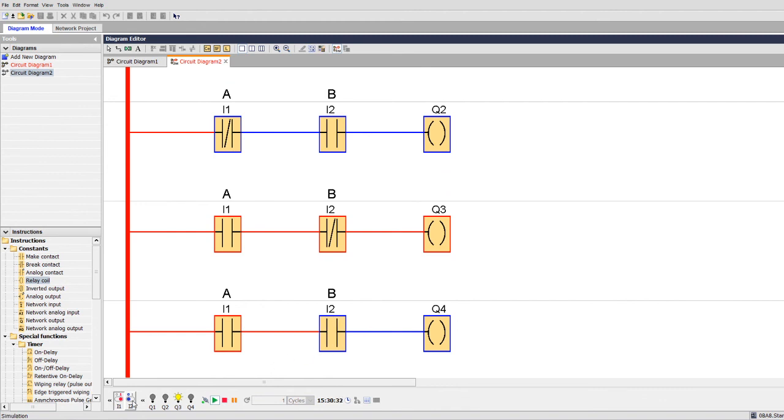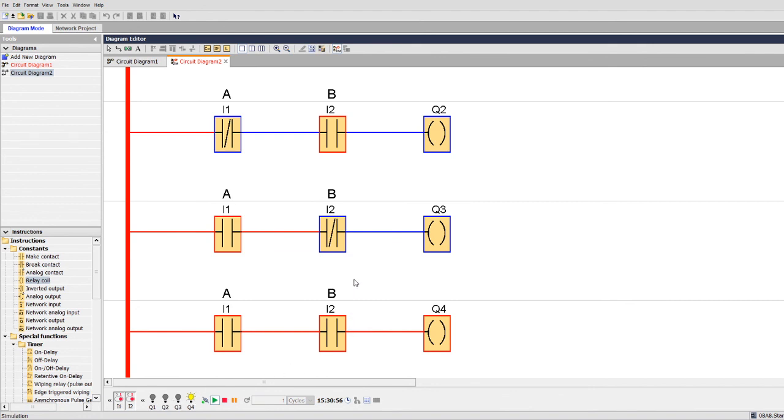That means we are not operating the B input or the I2 input, so there is no power to this one. When we operate that B input, B comes to the contact position, so Q4 goes to high state and the rest of the outputs go to a low state.